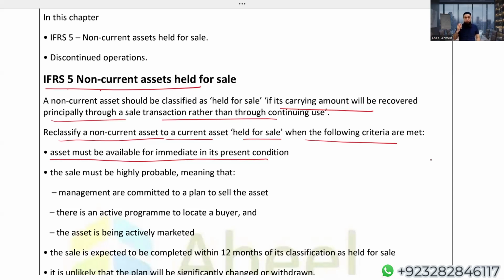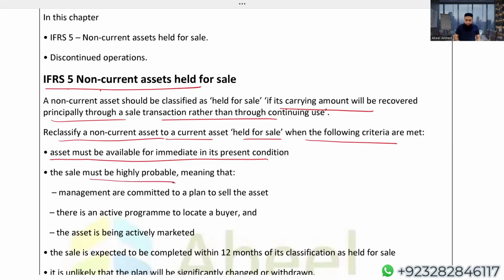If you are not going to correct that, it's going to be dangerous for the buyer. Even if you get an offer from a buyer during that time, logically your building is not in a saleable condition. Again, you cannot apply IFRS 5. So assets should be saleable in their present condition.